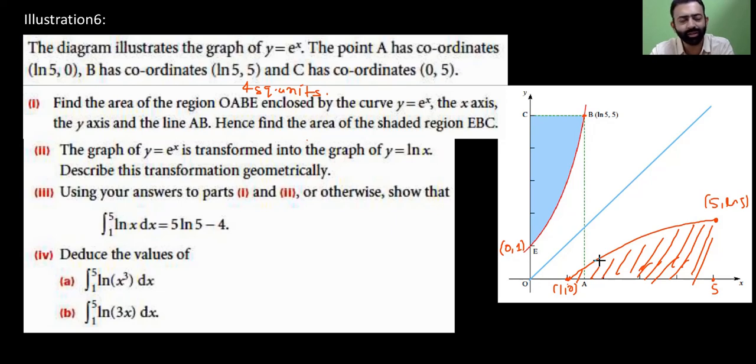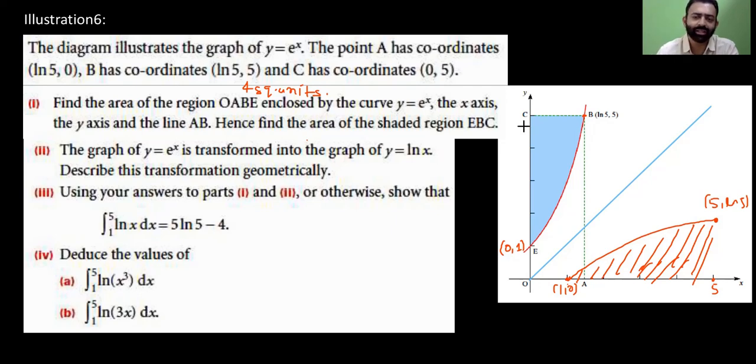So if you know the integral, it is fine, but I haven't taught integration by parts yet. So without using integration by parts, we have to evaluate this definite integral, because it is saying that we can use parts 1 and 2. So let us use parts 1 and 2. Part 1, as you can see, is that both the graphs are reflections, mirror images, of each other.